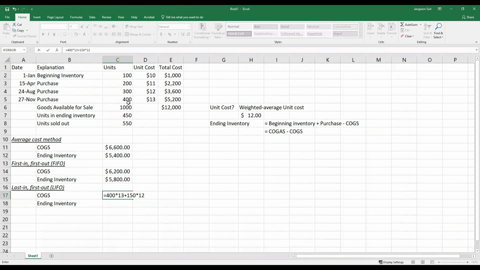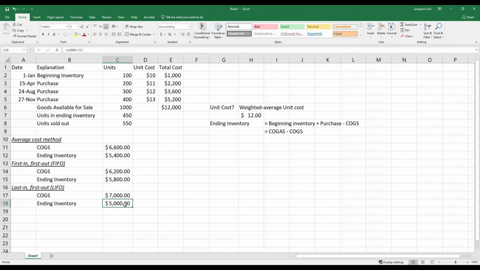So we just need to use the two last layers. That's enough to explain 550. How much is it? 7,000. Ending inventory using the same formula, right? Cost of goods available for sale, which is 12,000, minus cost of goods sold on the LIFO, which is 7,000. The result is 5,000. Okay.